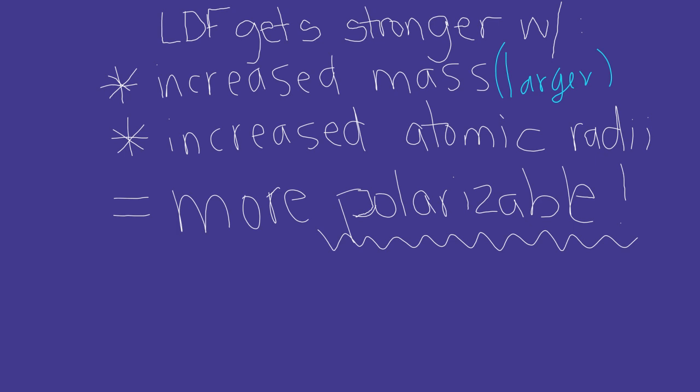And the reason why both of these things will increase the London dispersion forces is because it creates more probability that you'll create a temporary dipole. We call that polarizable. And so you're increasing the probability that you're going to create one of those momentary dipoles that'll sort of start a chain reaction.